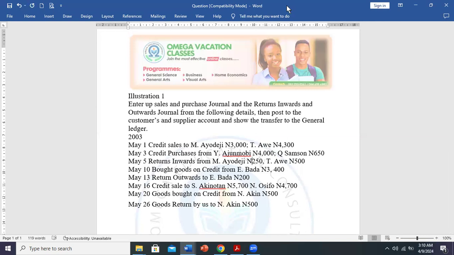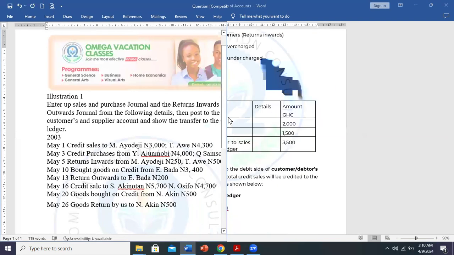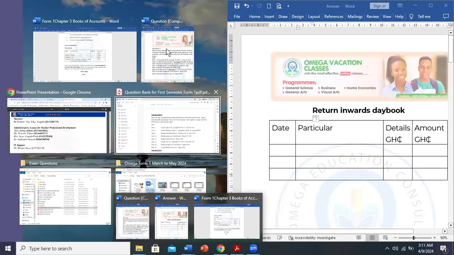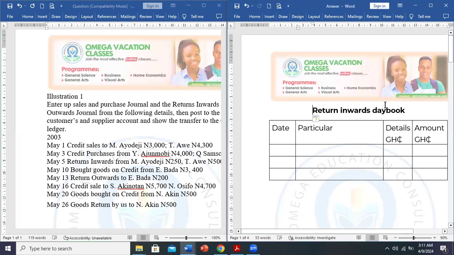So let me shift my question here and then pop up my solution here. So here we need to open the 4 journals. So return inwards, return outwards, sales, and purchases. So let me bring the sales first. So my sales daybook. Let me copy and open the purchases.